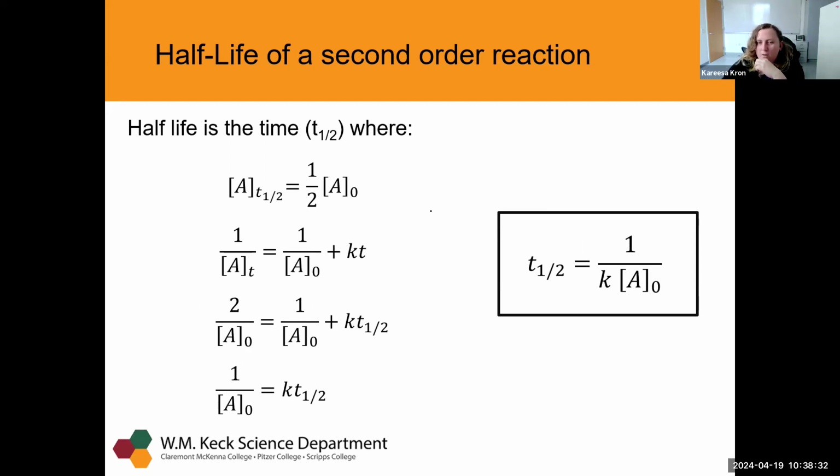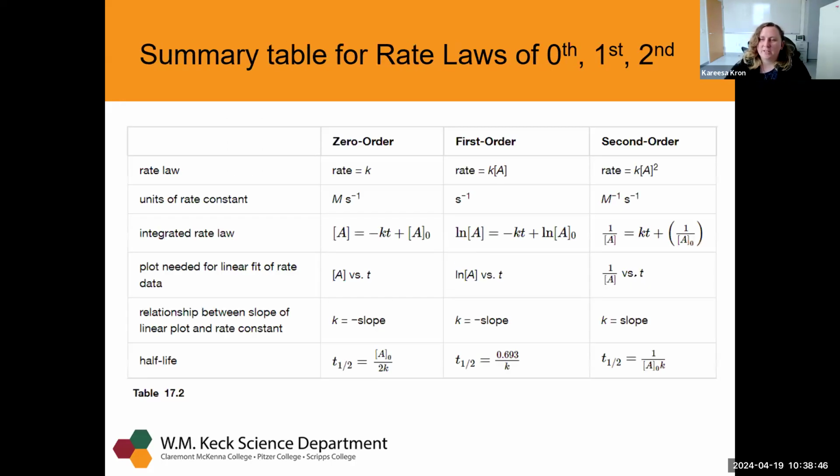So overall, we do the same process for each of these, and we get different half-lives because there's a different functional dependence of concentration on initial concentration, the rate constant, and time. There's a table in the book that summarizes what we've talked about in these past couple videos, but ultimately we started with some rate that helped us identify how concentrations change for different materials.